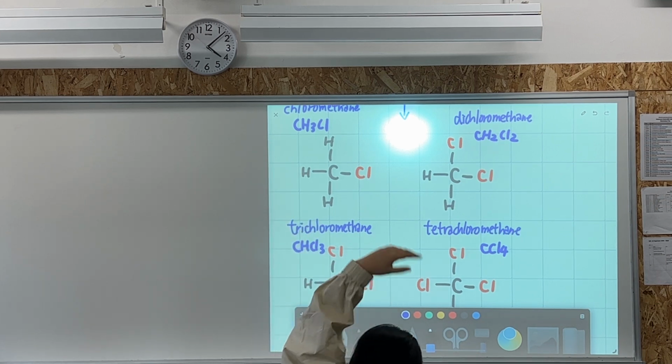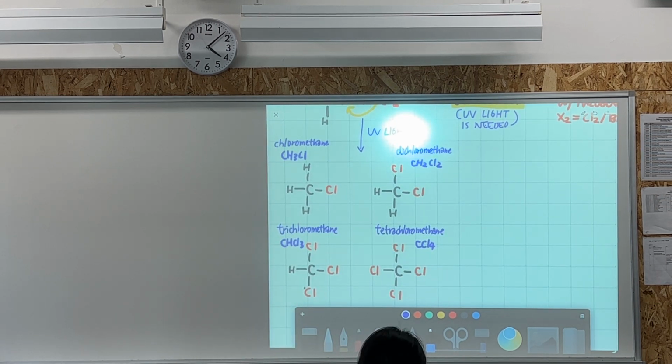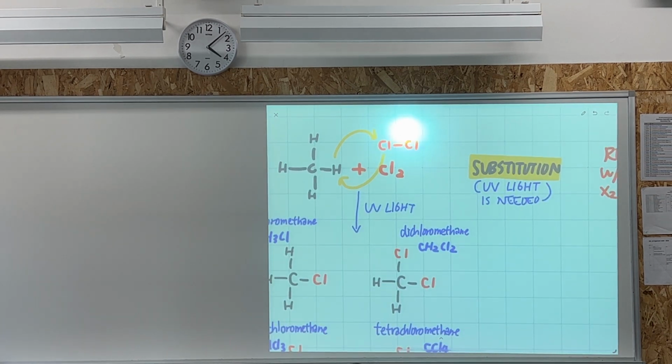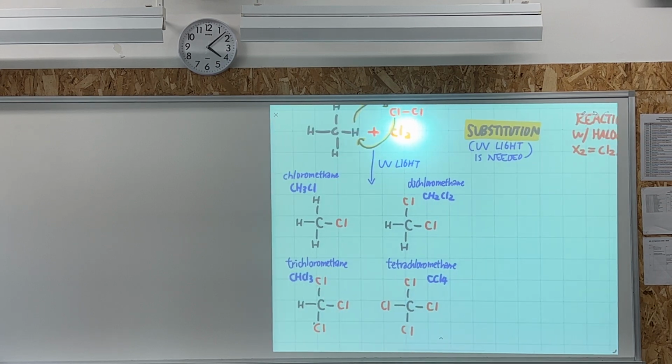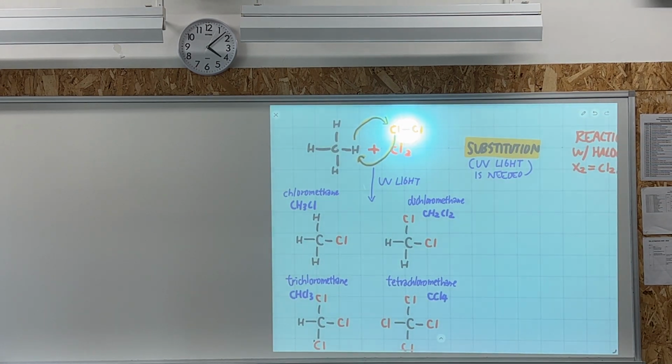and tetrachloromethane. Right. And there's a product that I forgot to add. Do you know what that is? Think about it. When something comes out, something has to go in. And right now we are only looking at what happens to this part when the Cl goes in. What about what happens when the H comes out?